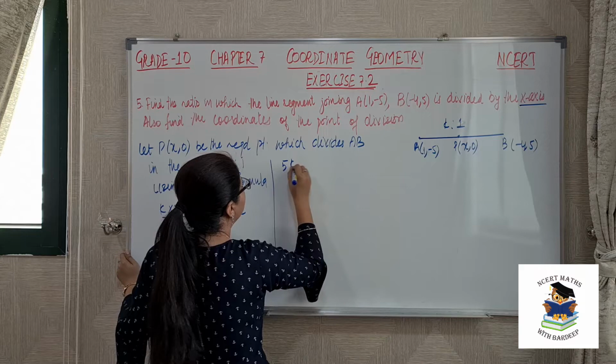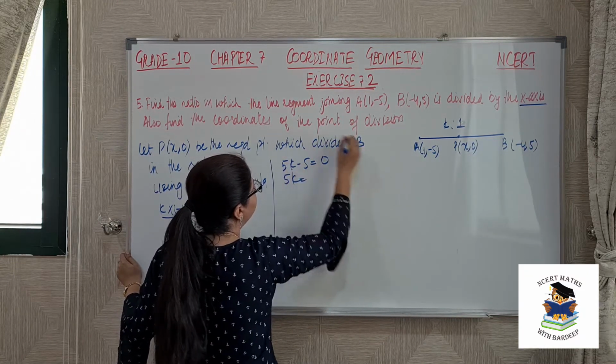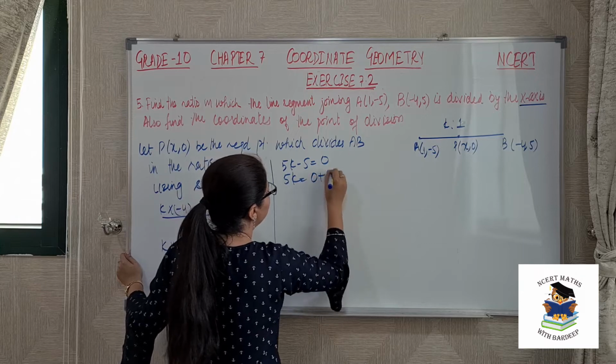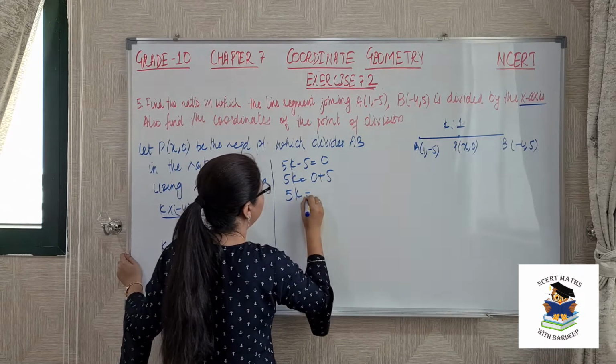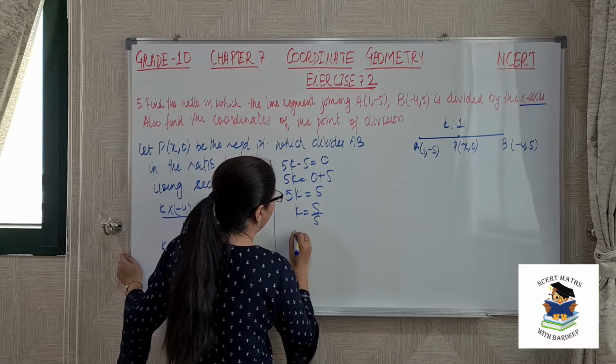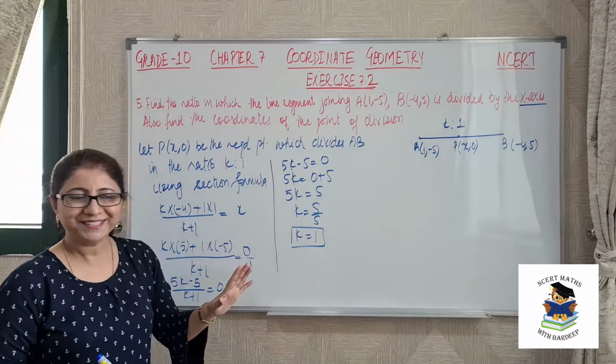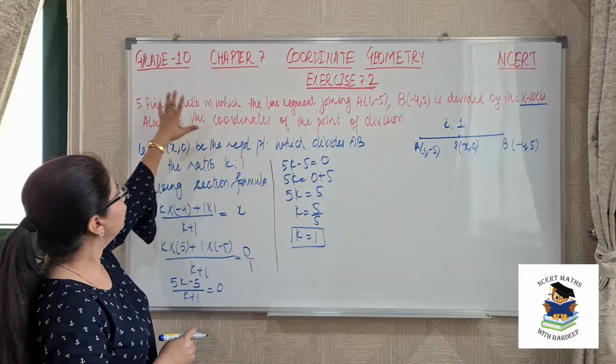So 5k minus 5 is 0. Now 5 will be shifted to other side. This is plus 5 and 5k is equal to 5. So what is the value of k? That is 1.